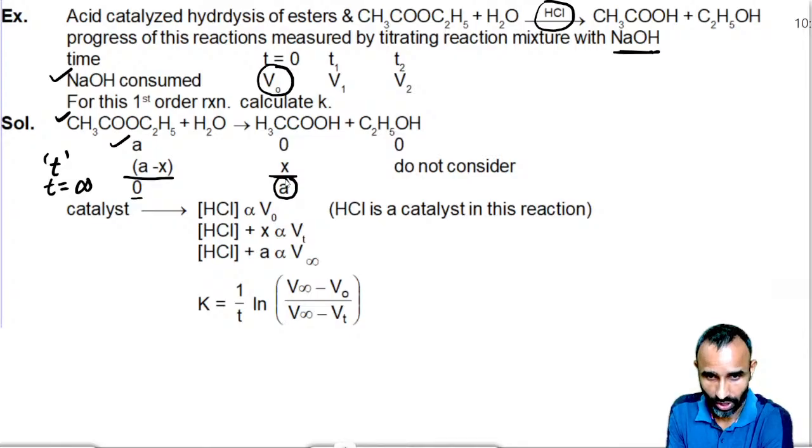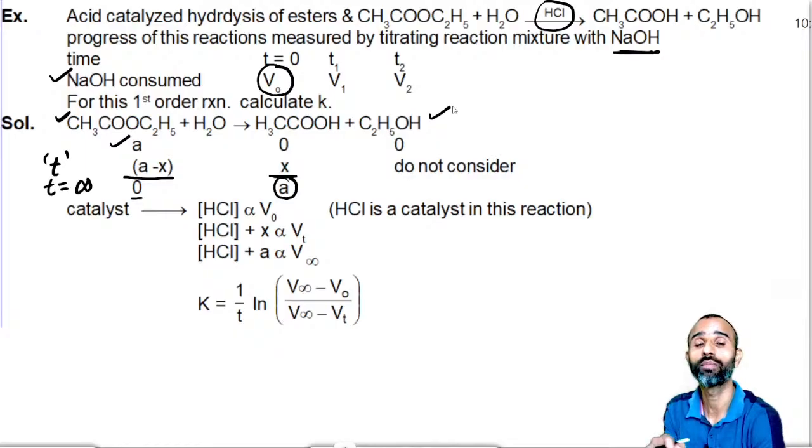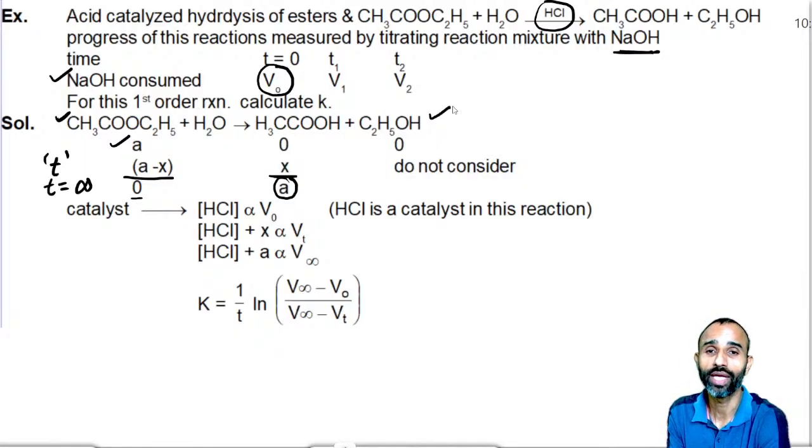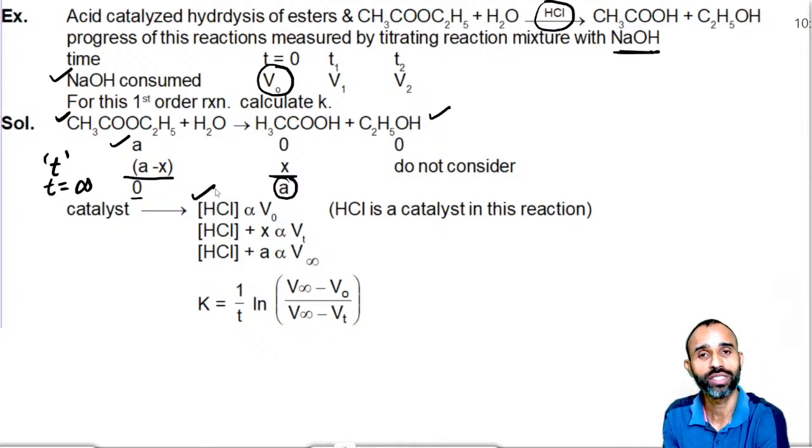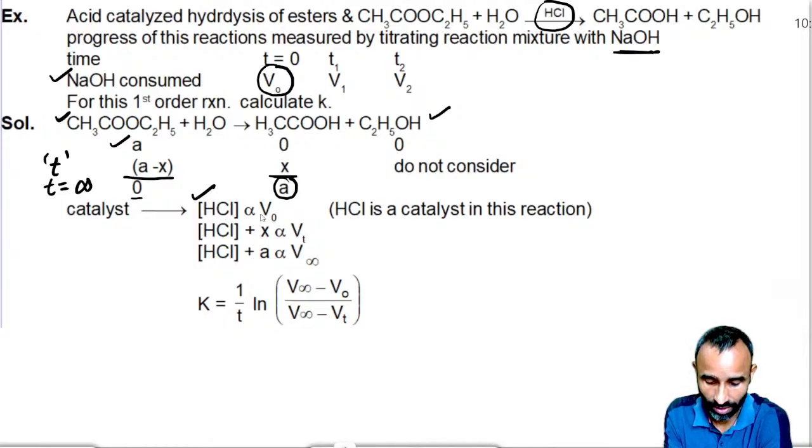So why do we not consider ethanol? Because sodium hydroxide utilizes only acids. Sodium hydroxide is a base, so it is consumed to neutralize HCl and acetic acid. So initially the acid present is the catalyst HCl, proportional to the initial volume used up, that is V naught.